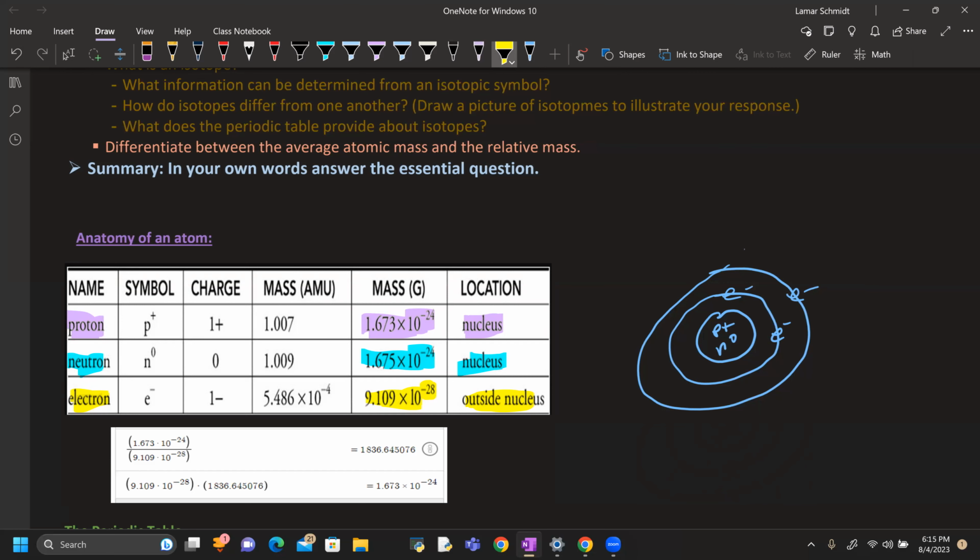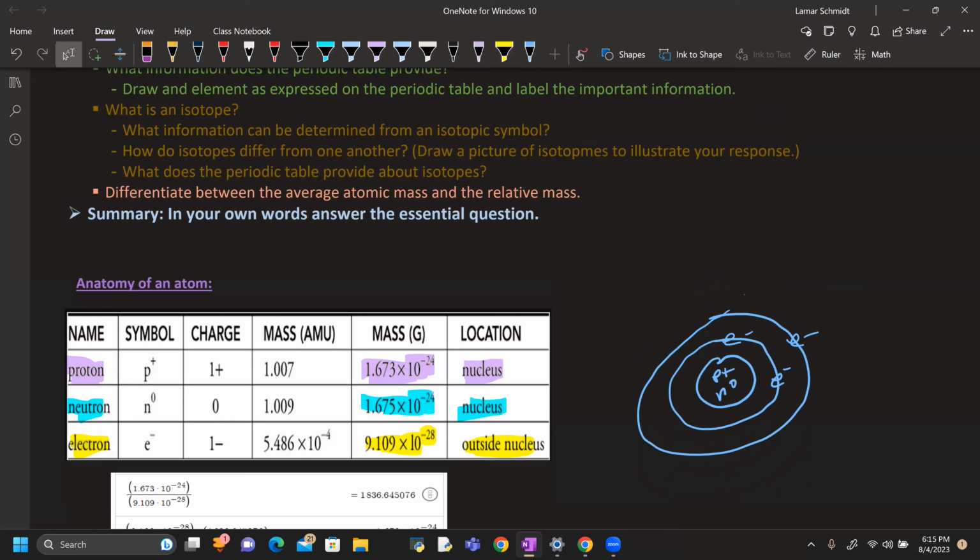Now, the mass of the atom can be expressed in grams, but it can also be expressed in atomic mass units, AMU. You will also see people abbreviate AMU as just U. We see that the proton has roughly 1 atomic mass unit, and the neutron is roughly 1 atomic mass unit.